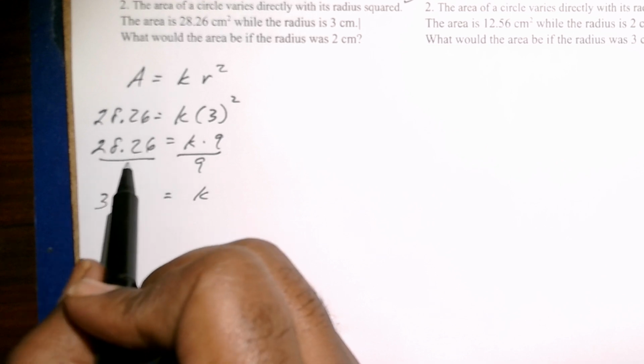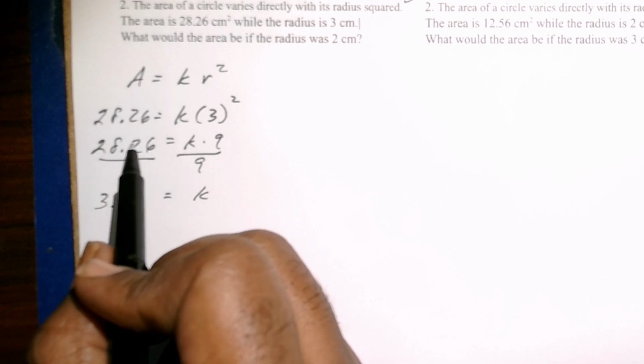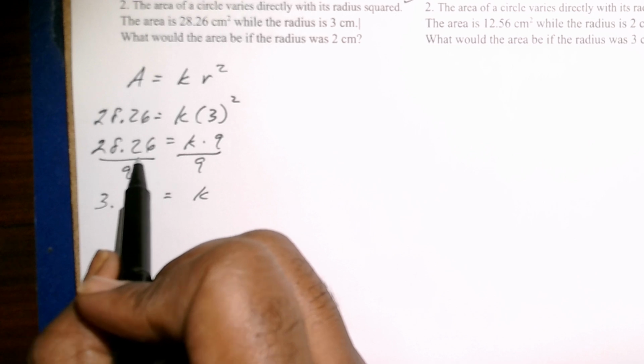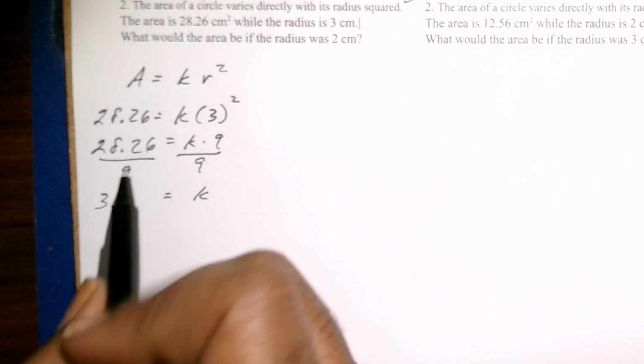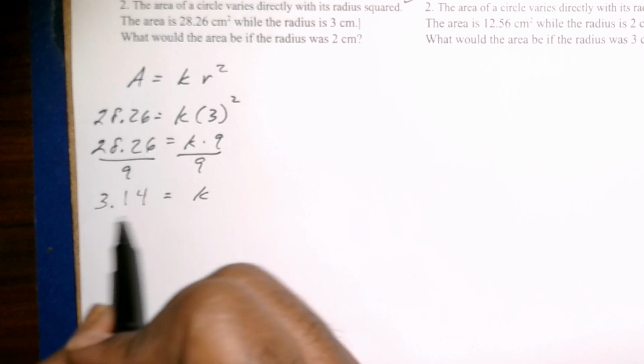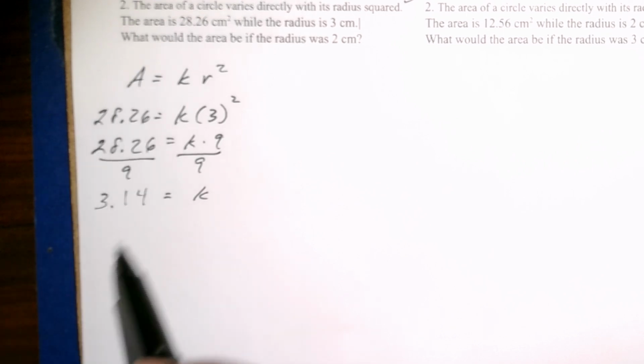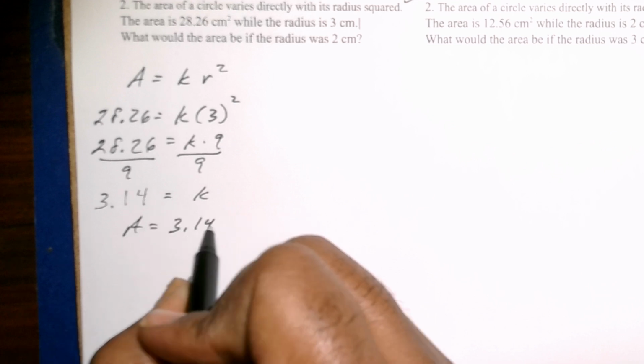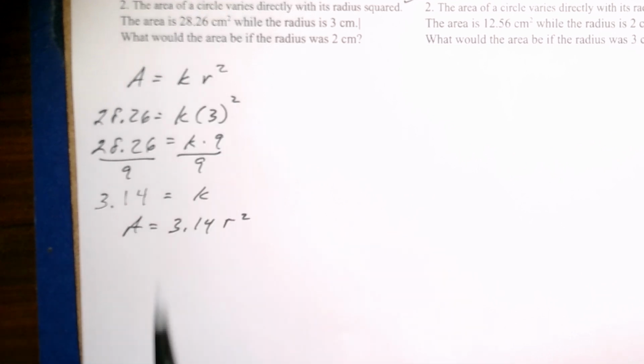So 9 goes into the 12 one time, and then there'll be 3 left, which is 36. And 9 goes into 36 4 times. So the constant that's being used here is 3.14. So A equals 3.14 times r squared.